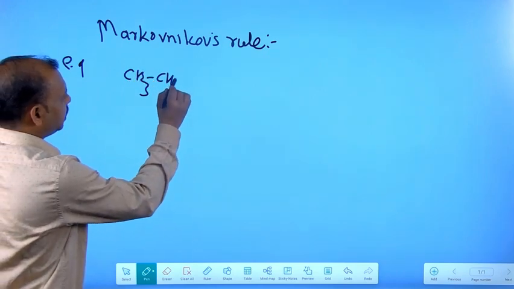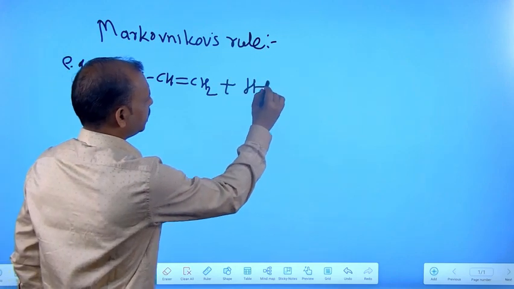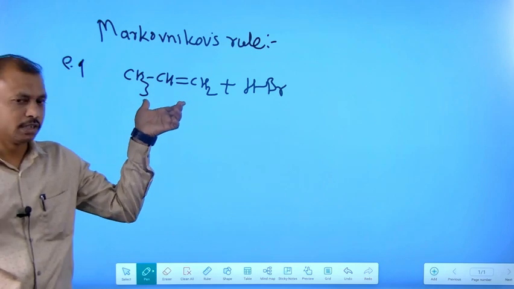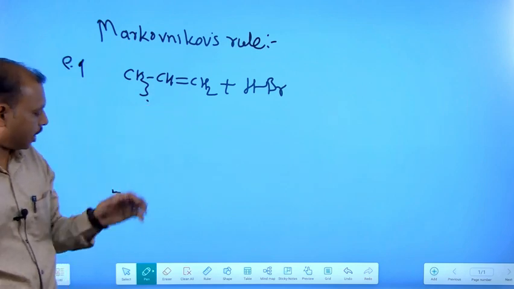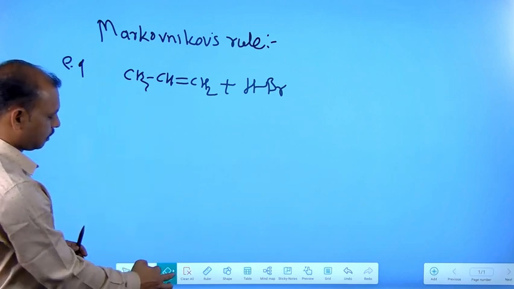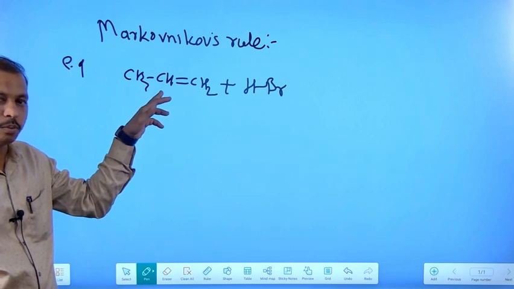CH3 CH double bond CH2 plus HBr. In that reaction, we want to see which carbon has less number of hydrogen. Here the middle carbon has less number of hydrogen.